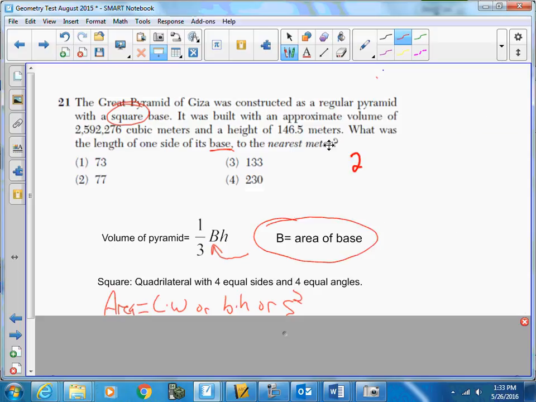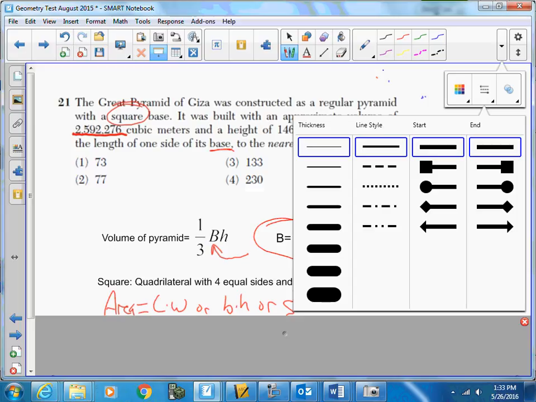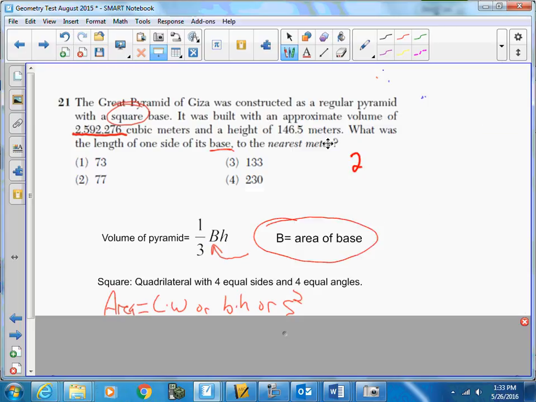All right, so we have the volume. The volume is right here. So we're actually going to plug that in for our volume.